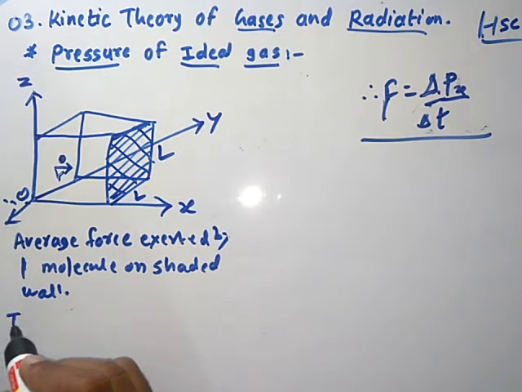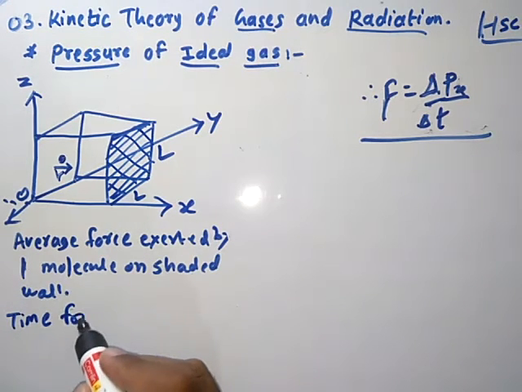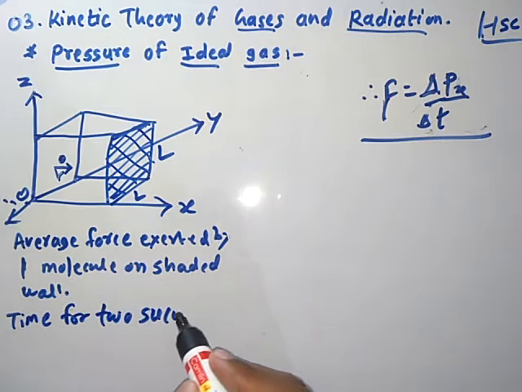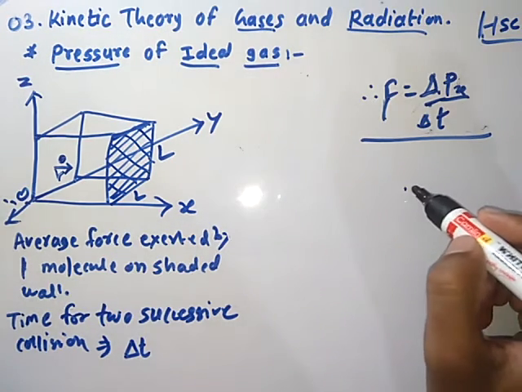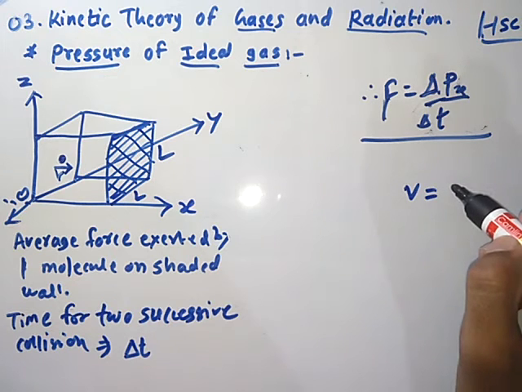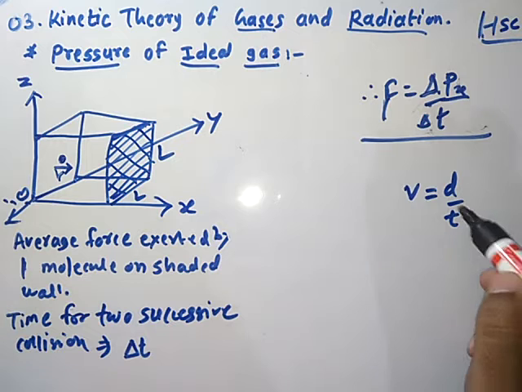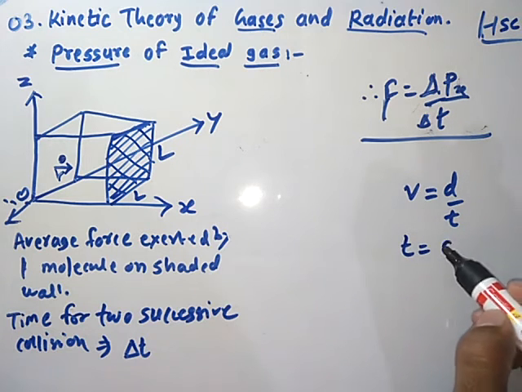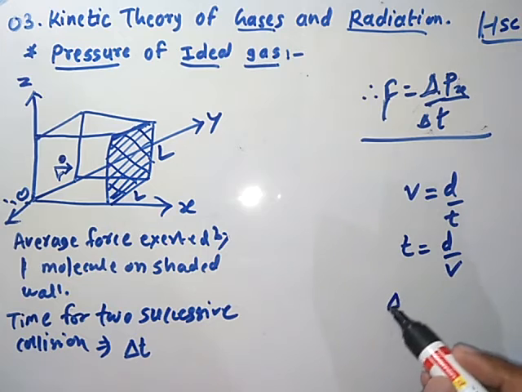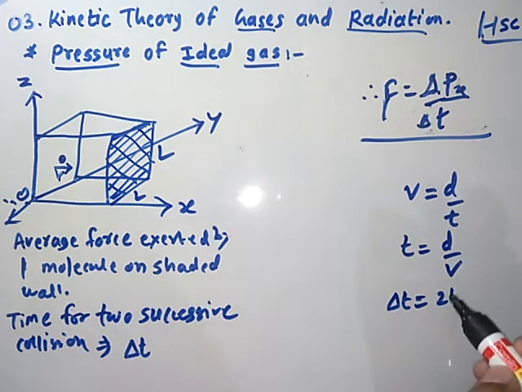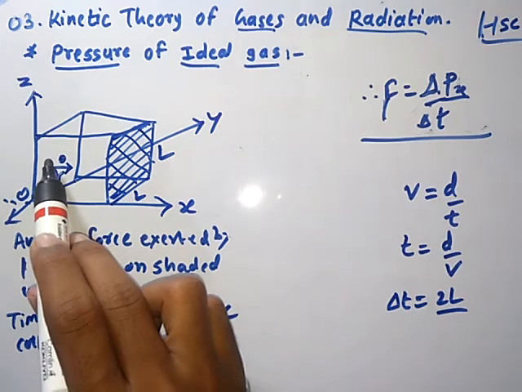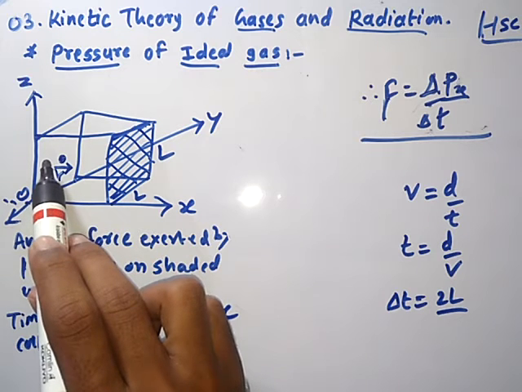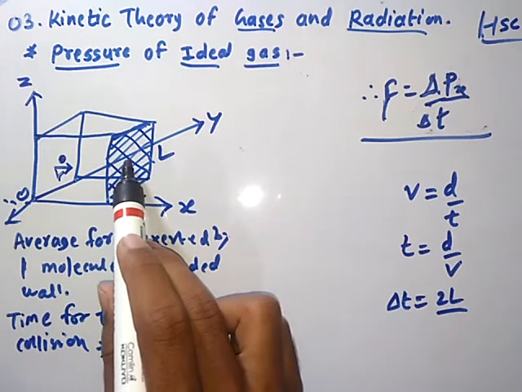Time for two successive collisions is equal to delta t. You know the relation velocity is equal to distance upon time. So we calculate time: time is equal to distance upon velocity. Here time is delta t, distance is 2l, because when the particle collides here it rebounds back, again collides on the other wall, and again rebounds back to the original wall and collides a second time.